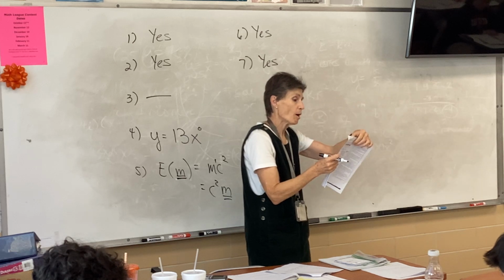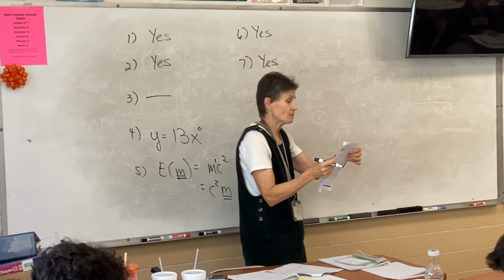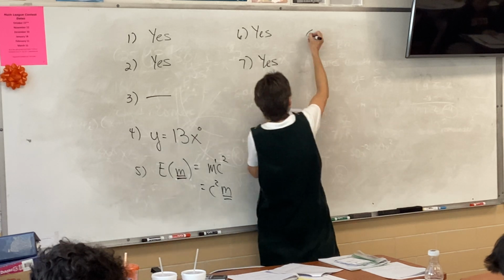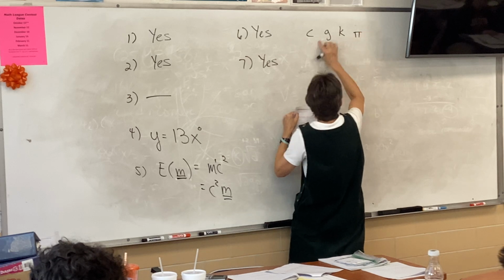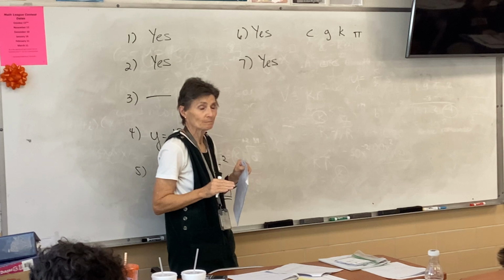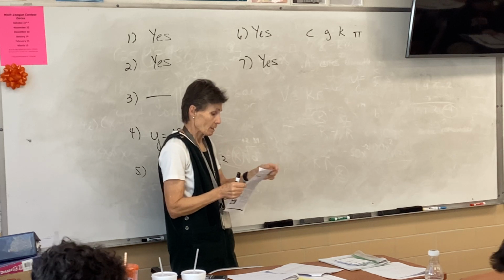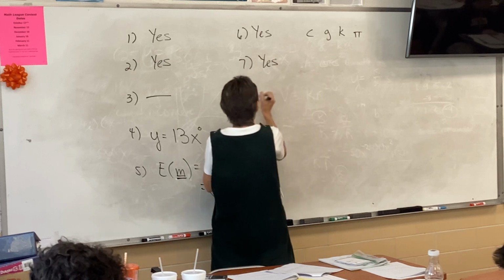The X in problem 7 is T. It tells me in the directions that C, G, K, and pi are not variables, those are constants. Everything else is a variable. All right, 8, yep.